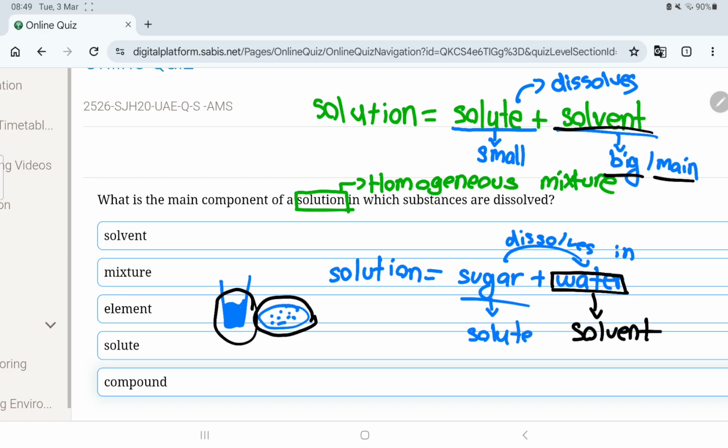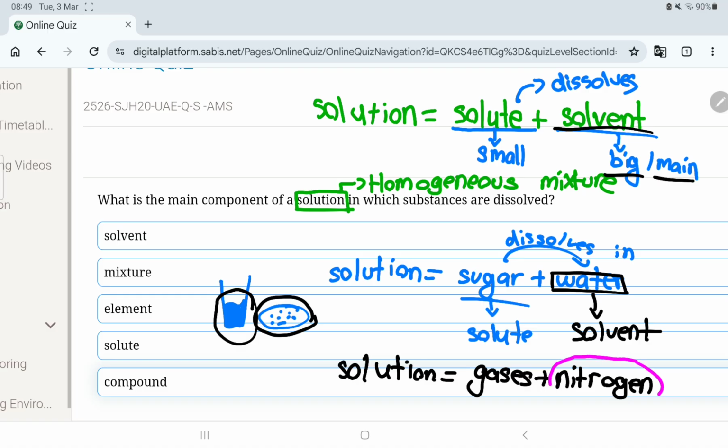Now let me give you another example. A solution, this time, is equal to gases plus nitrogen. Now guys, why is nitrogen here the solvent? Most of the atmosphere, what is it made of? Nitrogen.